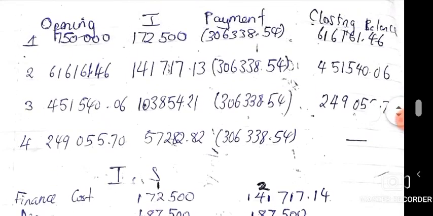If that was your year one there, meaning year two non-current liability will be the one under the line, year 3 there. That closing balance, we always pick the closing balances if it's usually in arrears, which is basically at the end of the year. So closing balance in year 3, 249,055, right? That will be your non-current liability at the end of year 2.